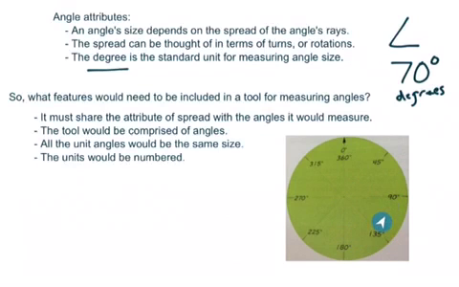See the angles in here? All the unit angles would be the same size. So you can see this is 45, therefore this is 45, right? And the units would be numbered. And you can see they have the little degree sign for you as well. So get some notes written about this page, and when you're done with that, come on back, and we're going to be working in your math journal, so make sure you have that handy.